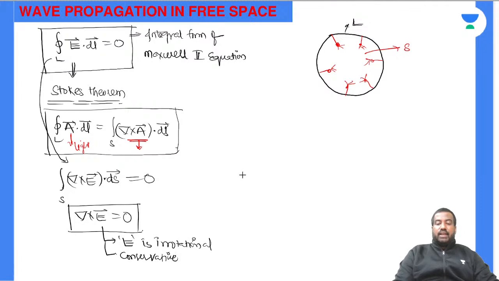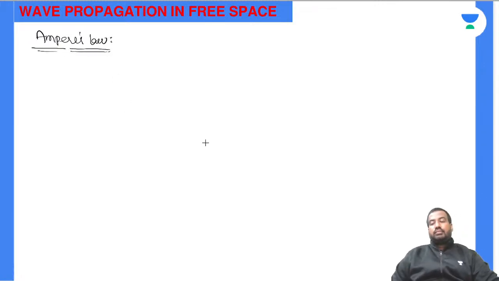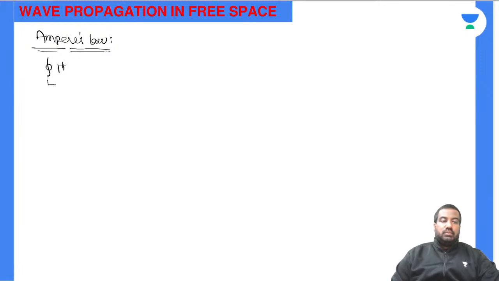Next is Maxwell third equation, which is from Ampere's law. According to Ampere's law, the line integral of the tangential component of magnetic field around a closed loop L is equal to the current enclosed by the loop.